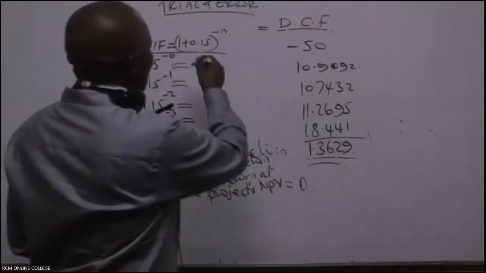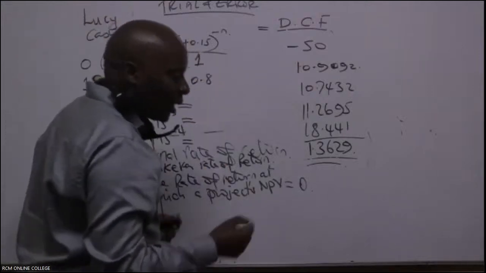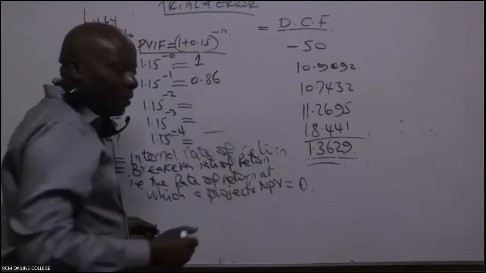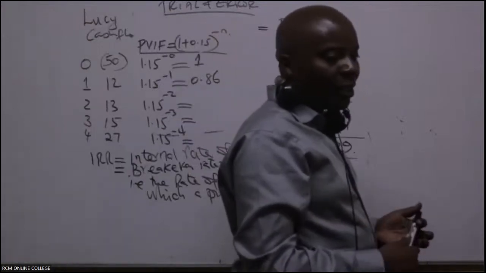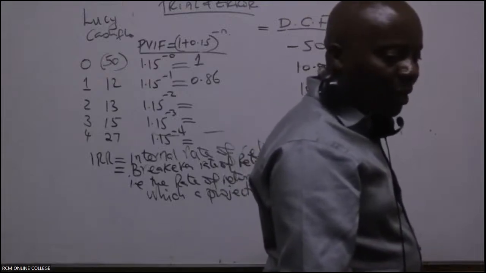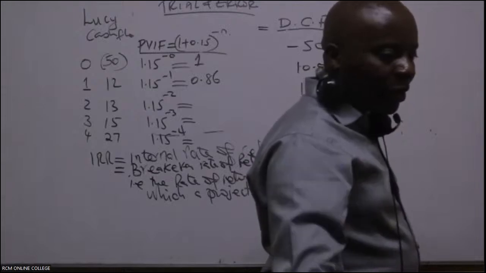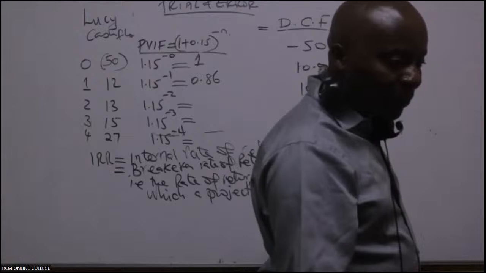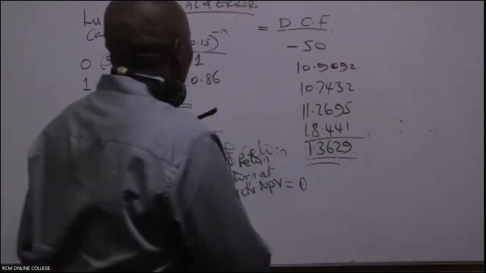The first one, of course, is 1. The second one is 0.86 when n is 1. Someone gives 0.8696, thank you very much.